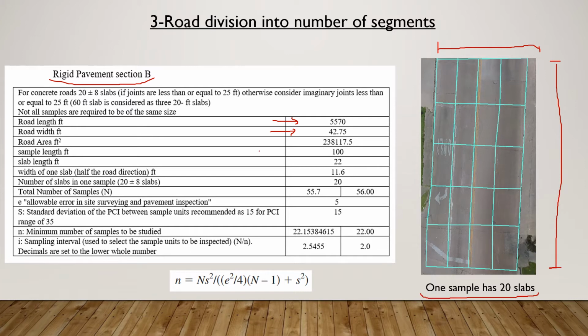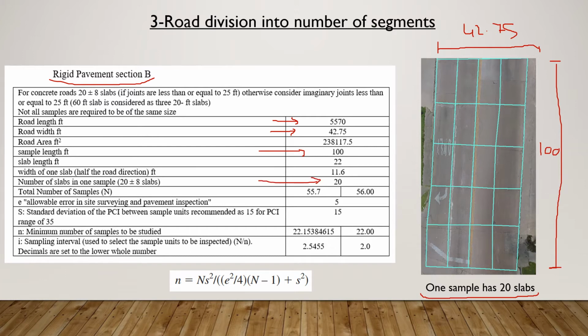The sample length was 100, and the width is 42.75. These are the length and the width of our sample. And also the number of slabs in one sample, as I said, was 20.